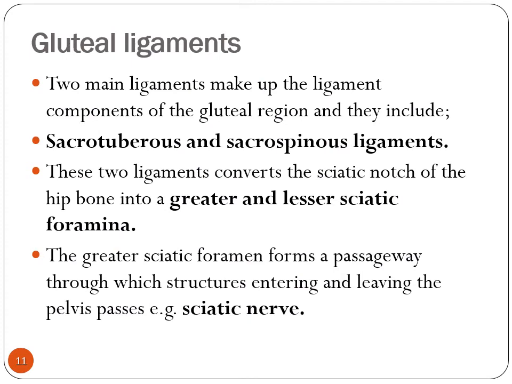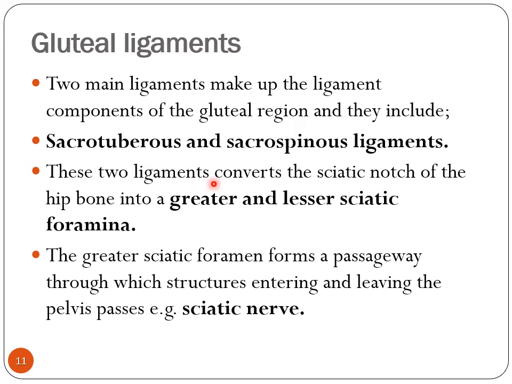Now the gluteal ligaments. What are the gluteal ligaments? Two main ligaments make up the ligamentous component of the gluteal region, and they are the sacrotuberous and sacrospinous ligaments. You know where the sacrotuberous ligament attaches? Sacrum to tuberosity. Which tuberosity? Ischial tuberosity. And sacrum to spine, the ischial spine. So these ligaments form the greater and lesser sciatic foramen.